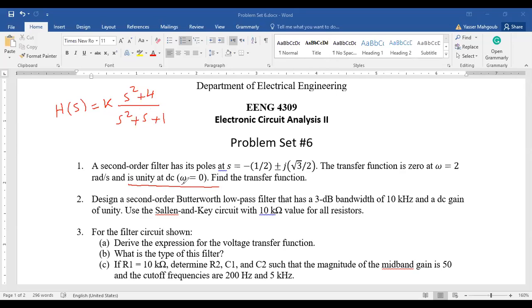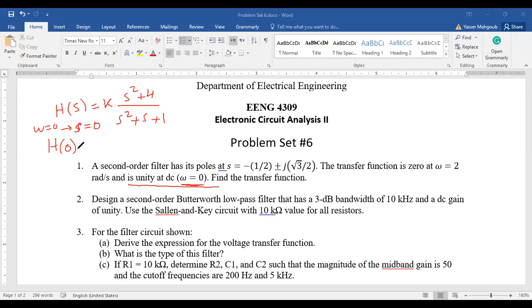What does it mean omega equals 0? What does it mean in the S domain? If omega is 0, how much is S? 0. So omega equals 0 means S also equals 0, right? Because S is j omega. So omega is 0, then S is also 0.